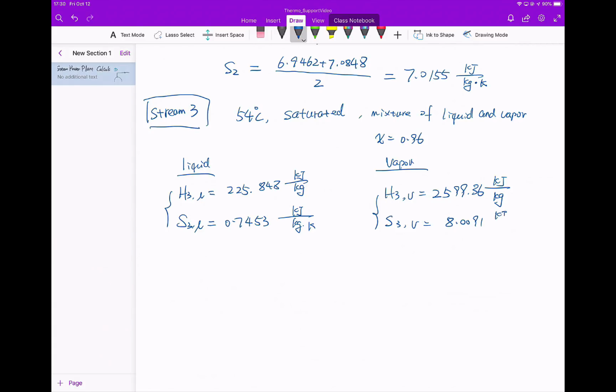S3 of the vapor is 8.0091, much larger, so of course having a larger entropy value than the corresponding liquid. So we know what is the ratio of that two, then we are able to calculate H3 would be H3 of the liquid plus X times H3 of the vapor minus H3 of the liquid.